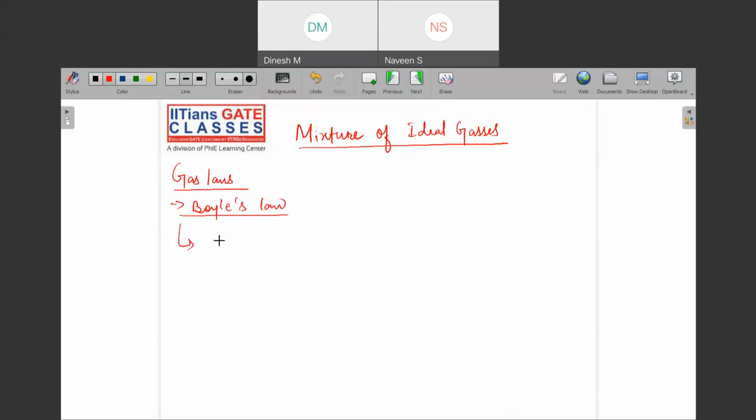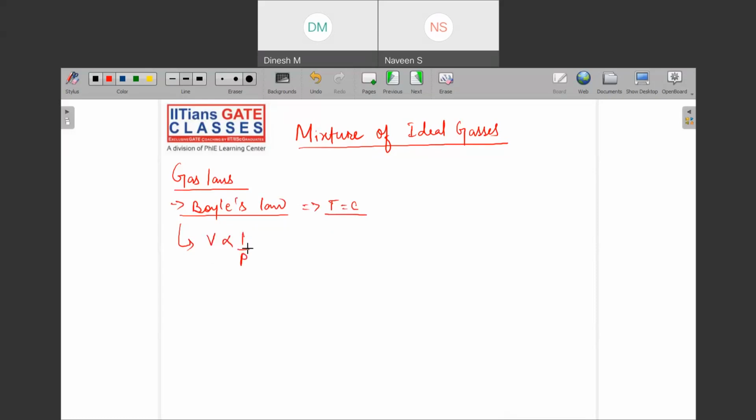Boyle's law says that when you are working at temperature equal to constant, then volume is inversely proportional to pressure. Got the idea? This is not the ideal gas law. This is simply Boyle's law and is applicable to any gas.